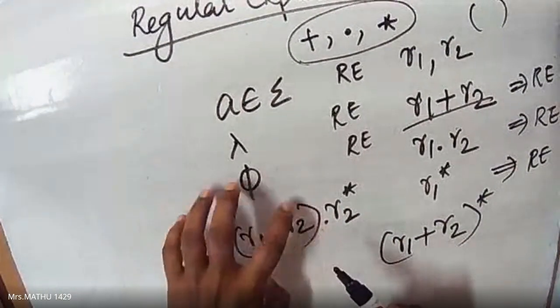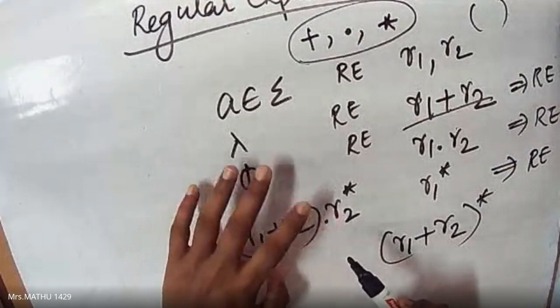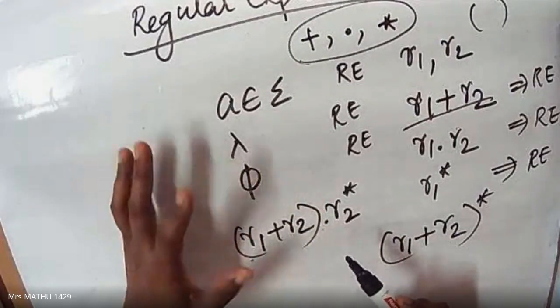So when such a regular expression is given, how can we convert it into an NFA?